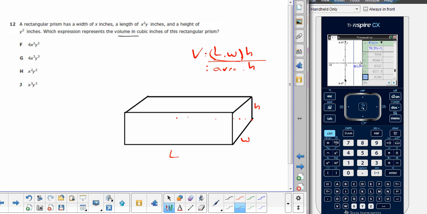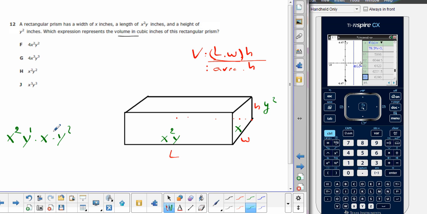But let's keep it simple: length times width times height. In this case, what is your width? The width is x. Now, what is the height? The height is y squared. And the length is x squared y. So what's the volume? Again, the volume is length, which is x squared y, times x times y squared.